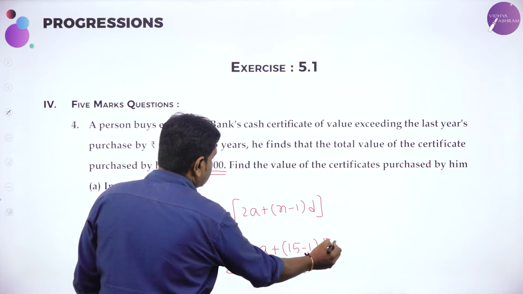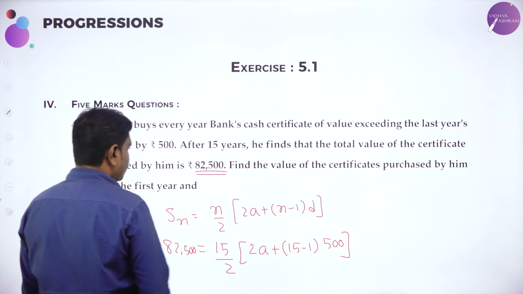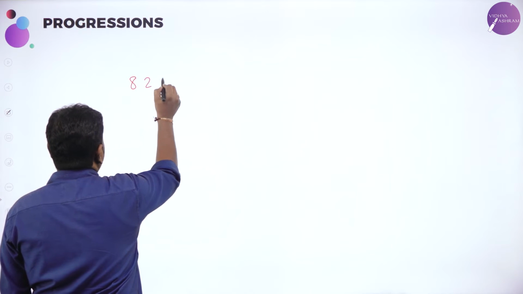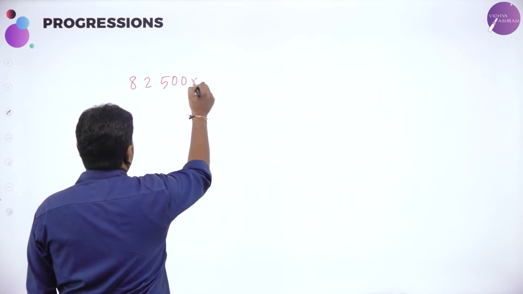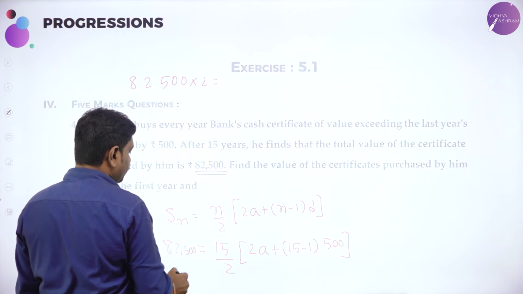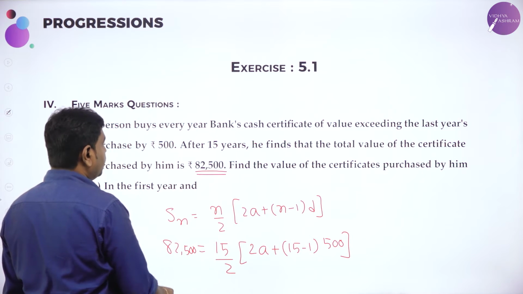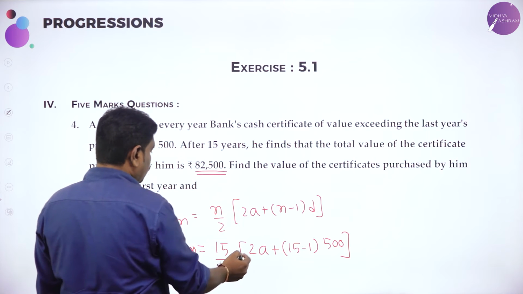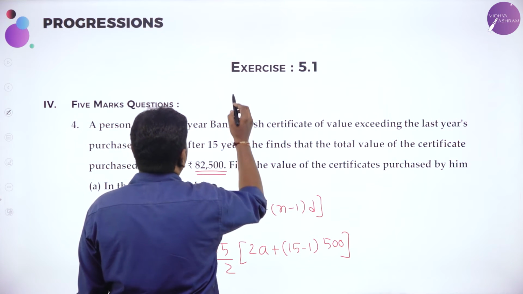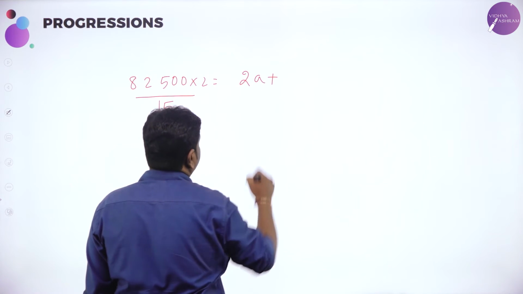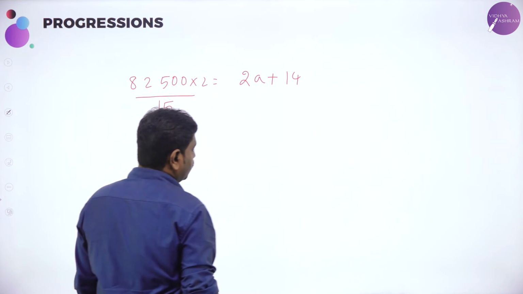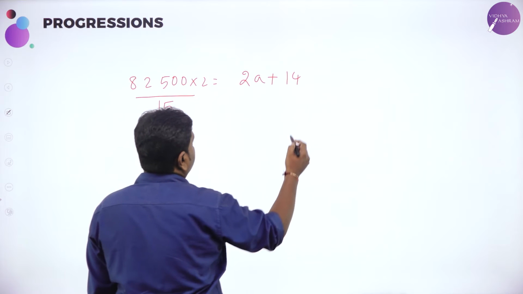Every year it is getting 500 rupees. Simplify this. 82,500 into 2, divided by 15 is equal to 2a plus 14 into d. What is d? 500.